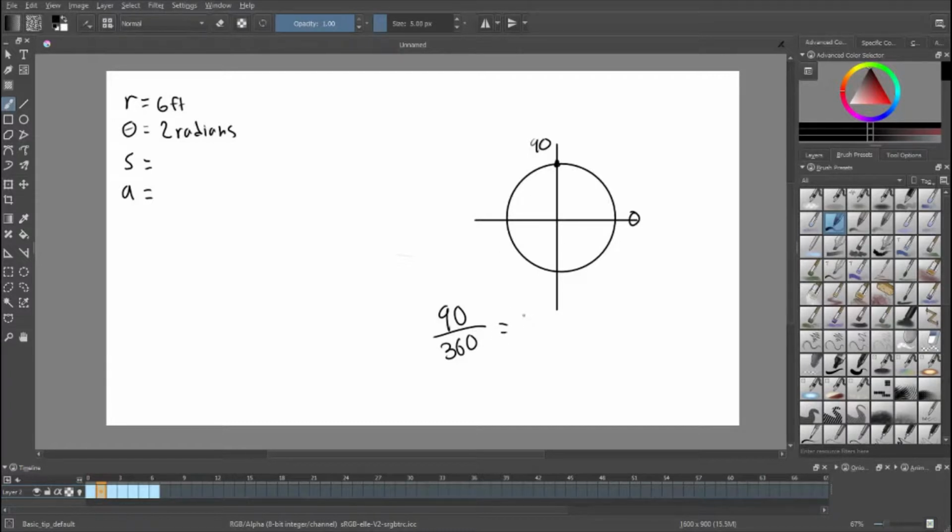So this would otherwise mean 1/4. And 1/4 of the circumference of the circle is whatever this arc length is. So if we find the circumference of the circle, it shouldn't be very difficult to find the arc length of 90 degrees. So let's work out how to do the actual problem now.